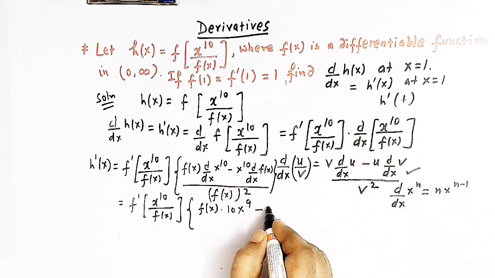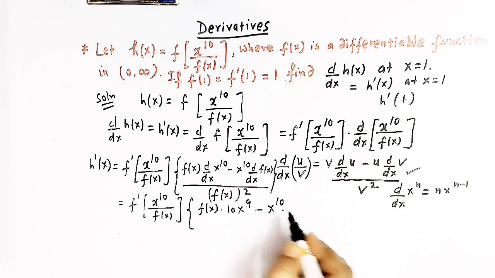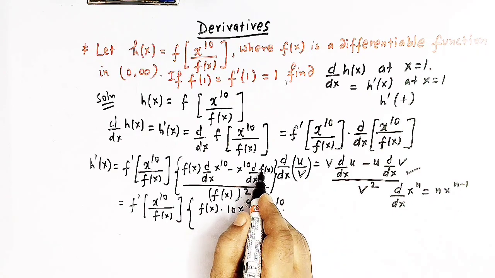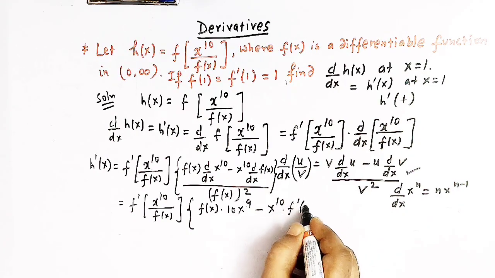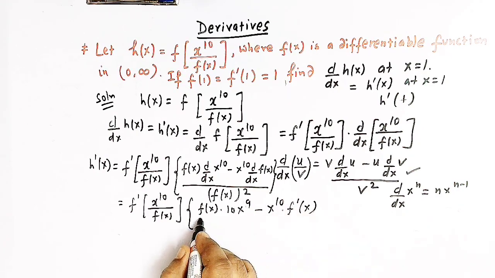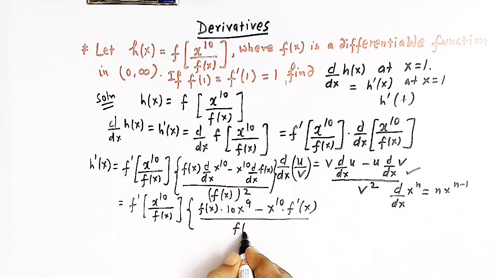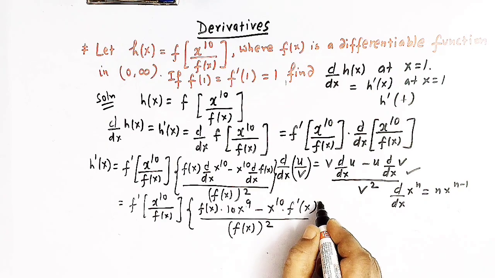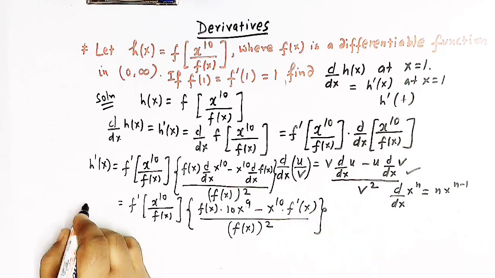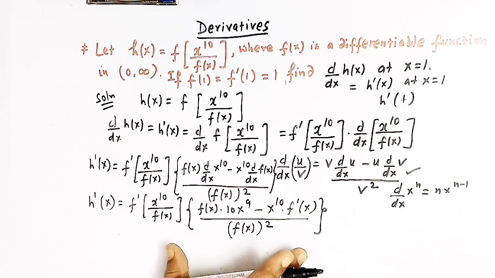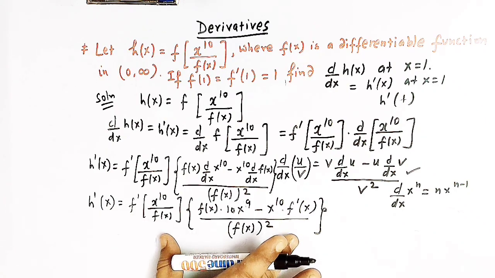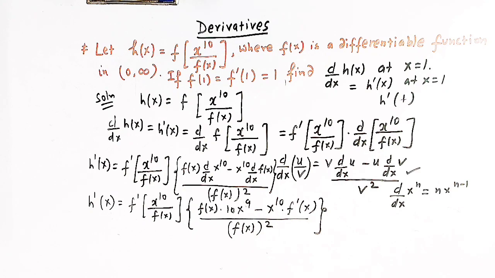And here we have x raised to 10, and the derivative of f of x with respect to x can be written as f prime of x. In the denominator we have f of x, and this is square. Now the expression for h prime of x is given by this expression, right?